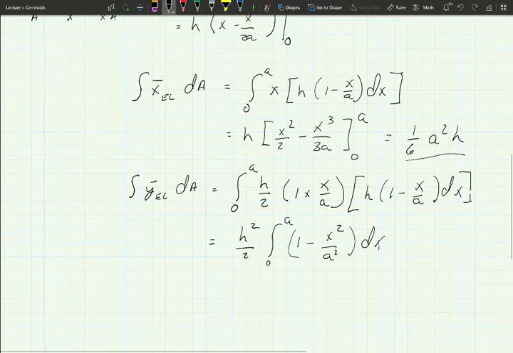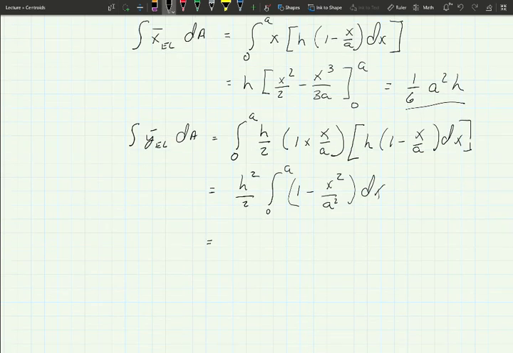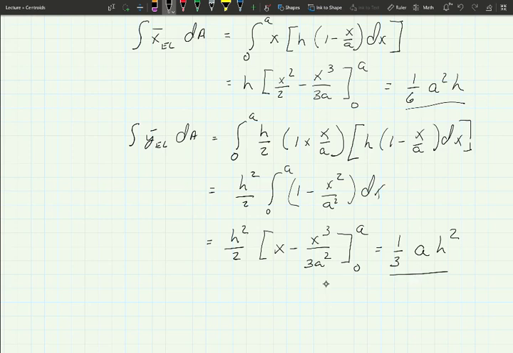Now we do the integration. So it's h squared over 2, and we're going to be x minus x cubed over 3a squared, 0 to a, and it'll be 1/3 ah squared. That's the other number we're going to need.